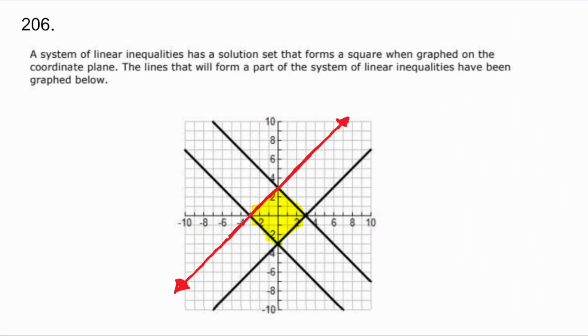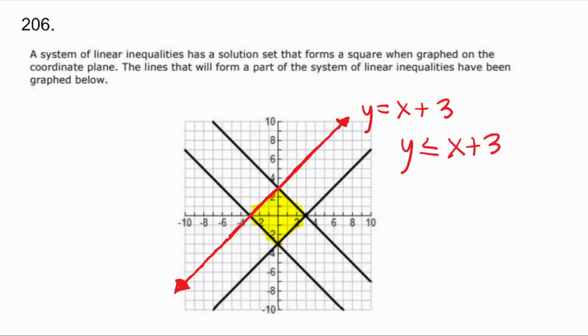So what we need is an equation for the red line, or really an inequality for the red line. So we'll start with an equation in slope-intercept form. y equals, the slope is looking like 1 to me, so 1x plus the y-intercept is 3. But if the shading is below the line and it's a solid line, that'll be where y is less than or equal to x plus 3.